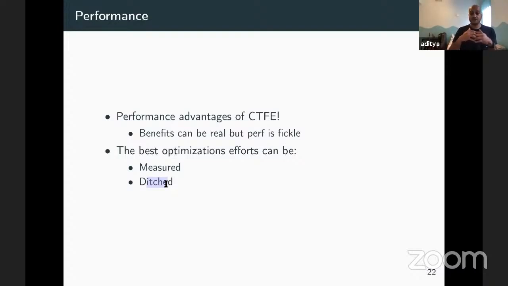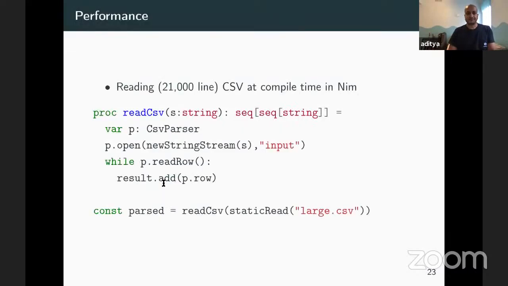And if it doesn't work out like you thought it would, walking that back is a difficult process. You can't just push that aside and move along because you've already sunk a lot of time into getting that right in the first place. And Nim and D make it so that you can experiment with this stuff. And if it doesn't work out, at most you've lost a couple of days and you can just move on with your life.